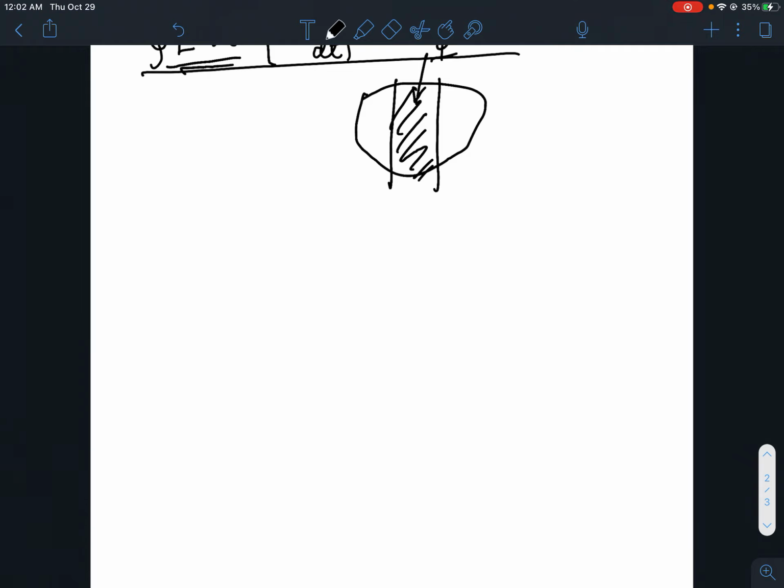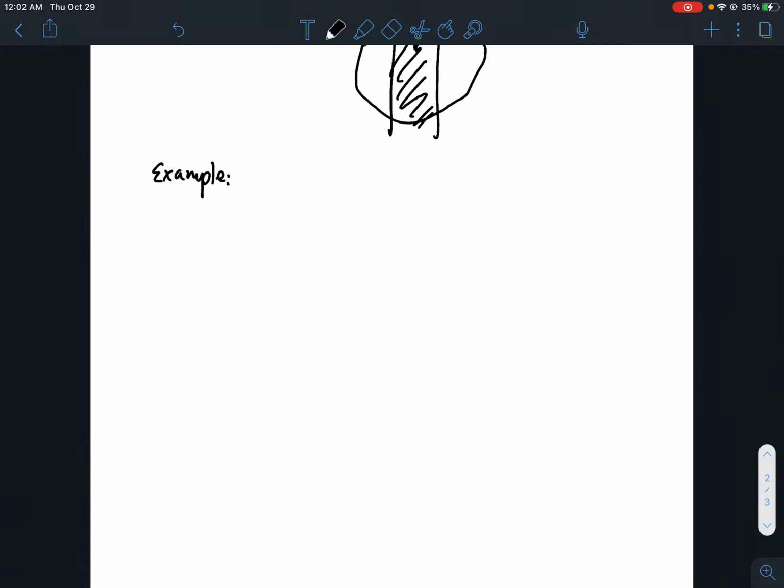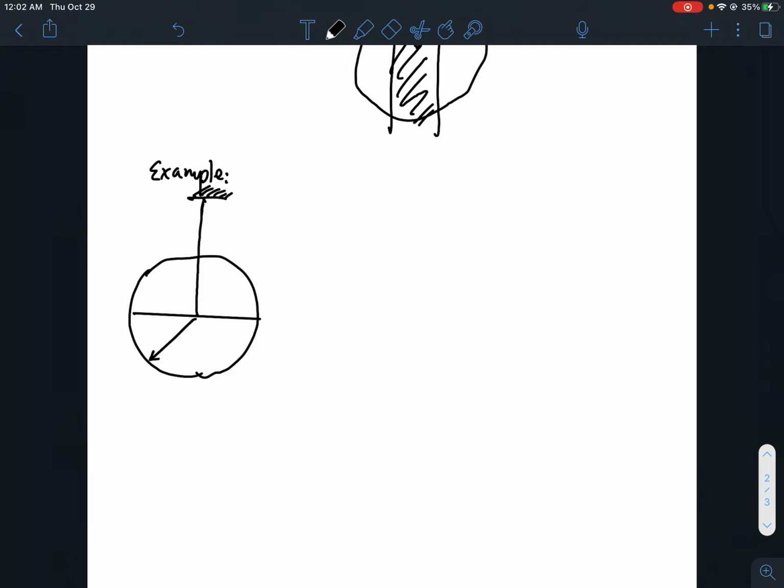Now once we have this equation, I can show you one simple example. Let us say I have a loop, a wheel. This wheel has some supporting structure, and it hangs from a ceiling, and this wheel has a radius, let us say b.